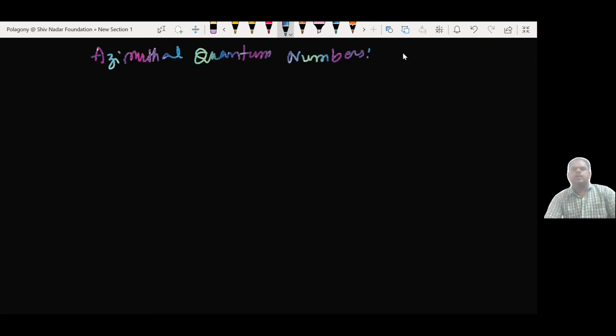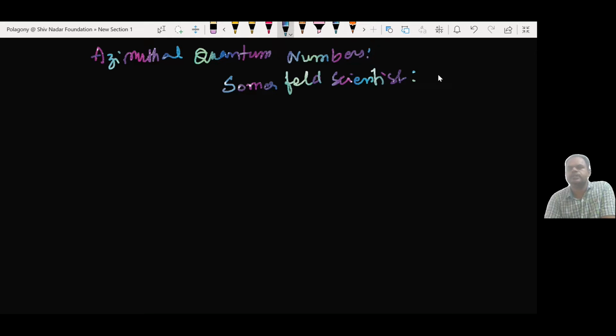This azimuthal quantum number was introduced by the scientist Sommerfeld, and it is designated with the symbol L. The azimuthal quantum number L values start from 0, 1, 2, 3, and so on.